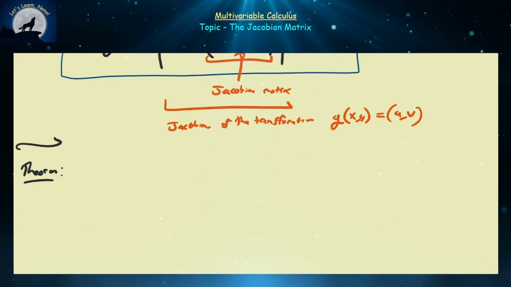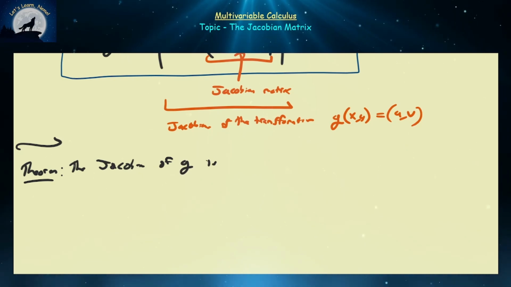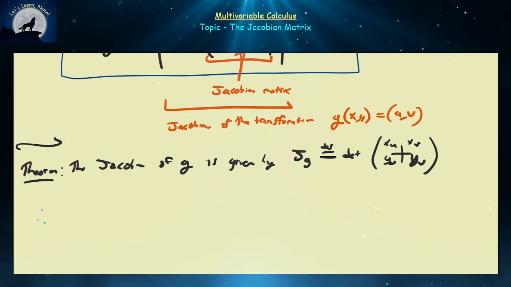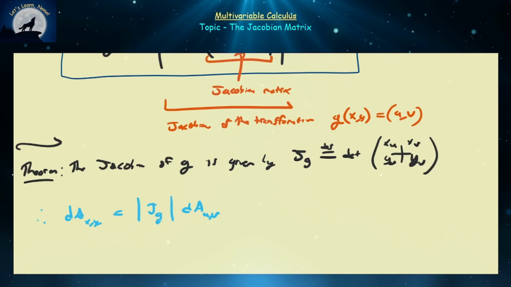The Jacobian of g, the transformation from xy to uv, let's call it jg, is defined to be the determinant of xu xv yu yv. Therefore, the old coordinate system, dx dy, can be viewed as the absolute value of jg times the area in the new coordinate system, uv.